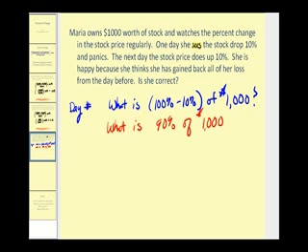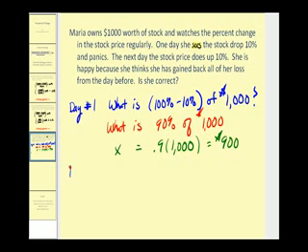Well, if we use that percent equation, we would have x for the what is, means equals 90% as a decimal would be 0.9, of means multiply, and then $1,000. Well, 0.9 times $1,000 would be $900. So she lost $100.